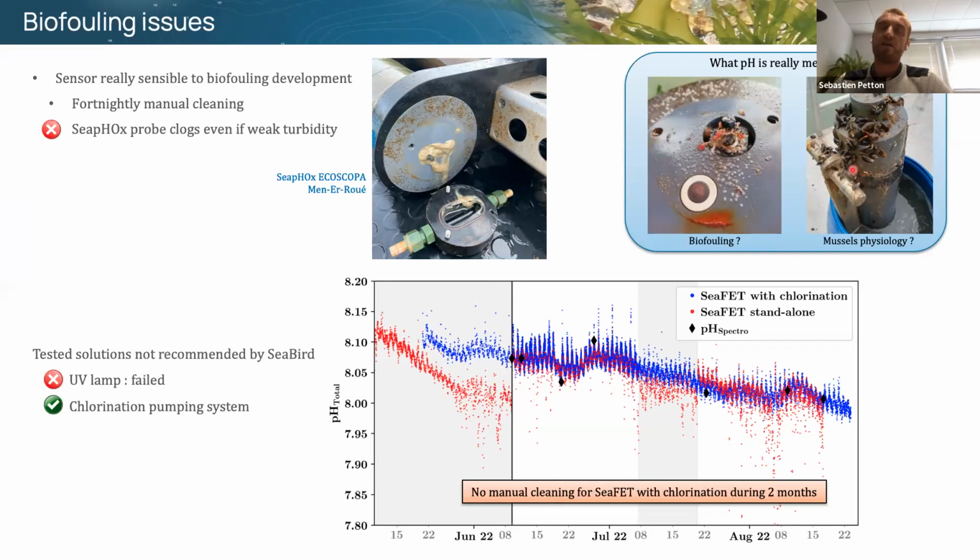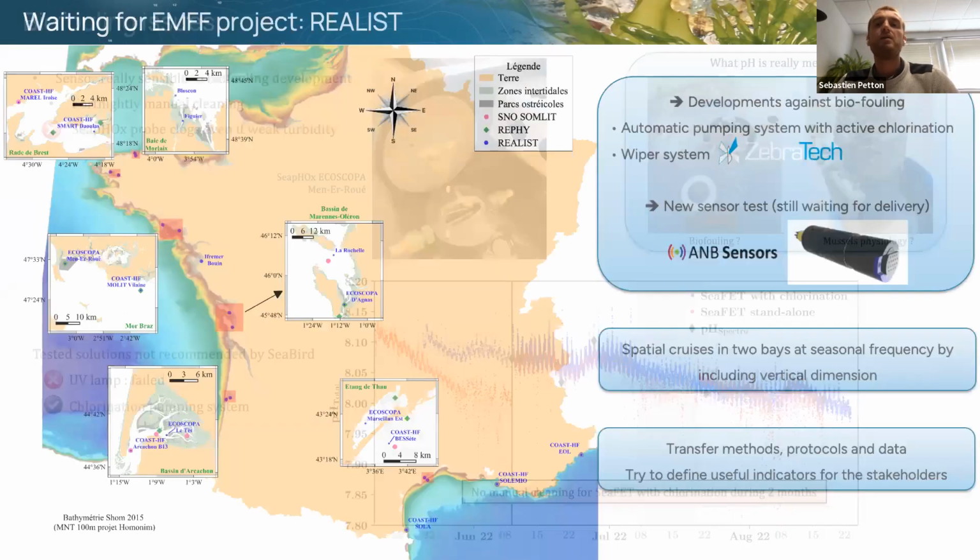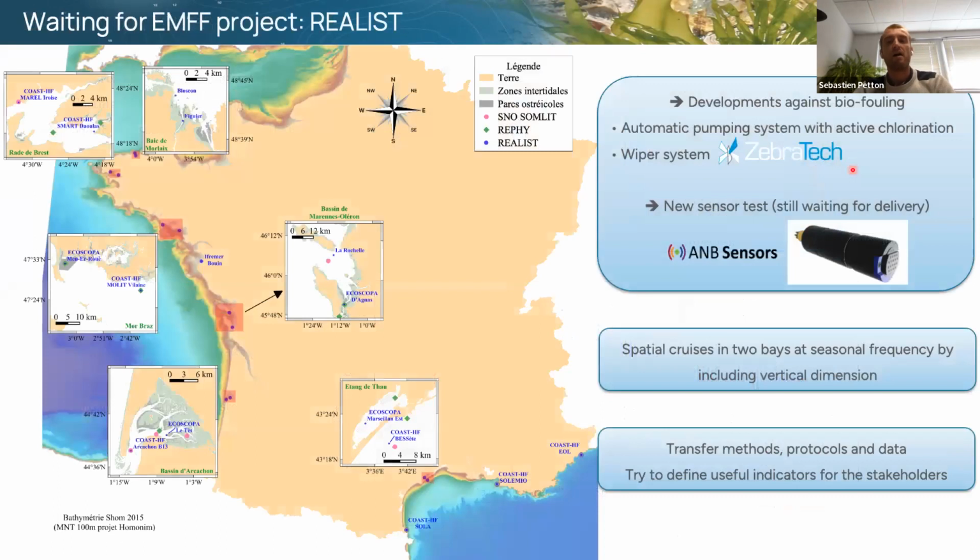So we are measuring more their physiology and their respiration rate rather than the environmental evolution. Despite these difficulties, we need to follow our efforts and acquire long-term pH series, as it could be valuable for plenty of subjects, such as lab experiments, satellite-derived products, or coastal modeling.